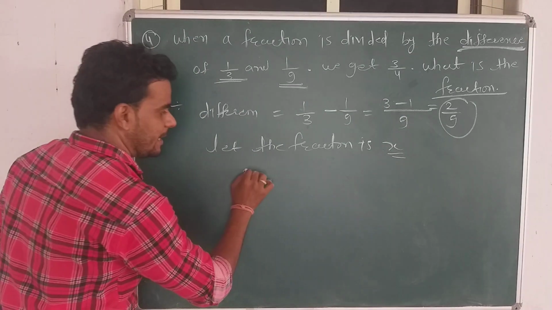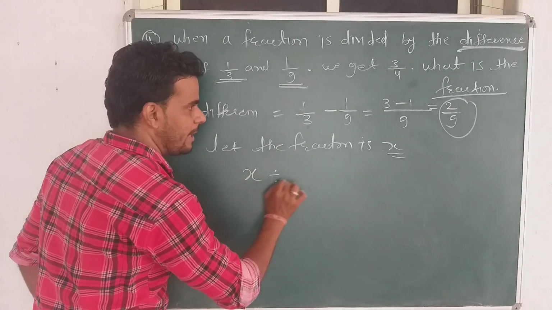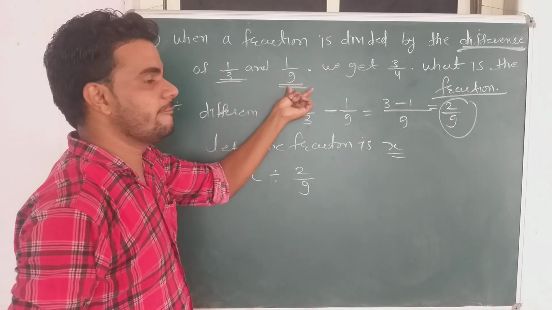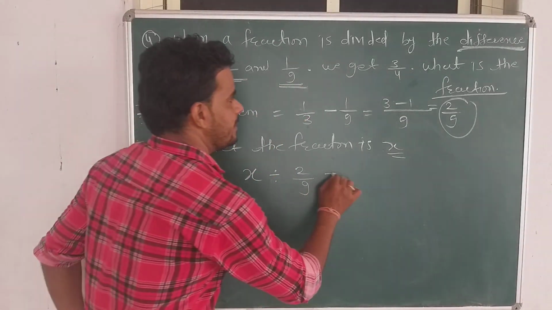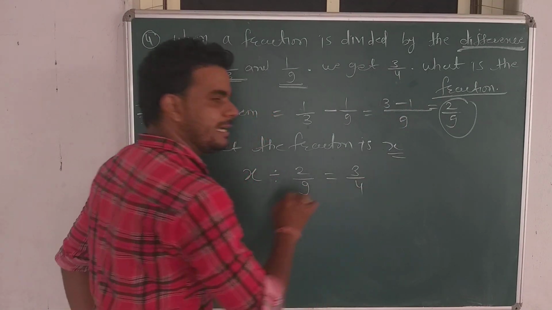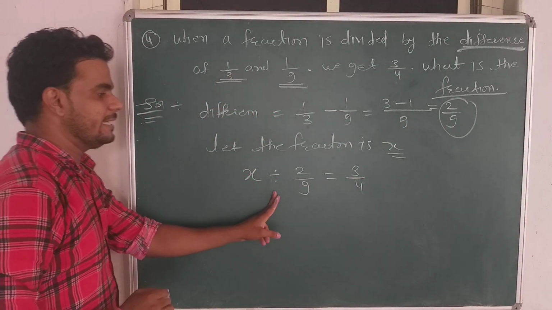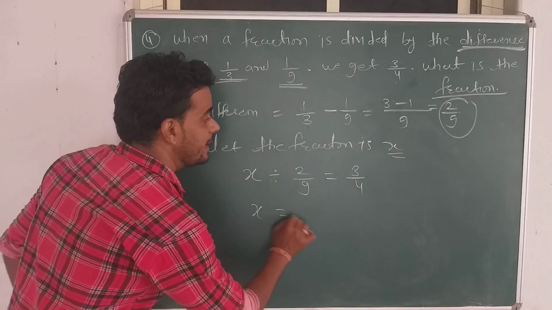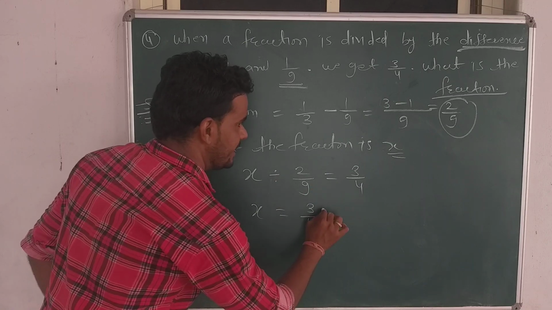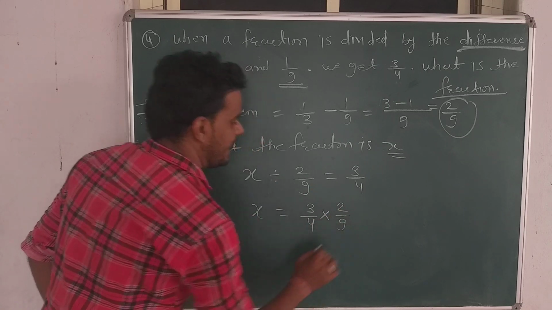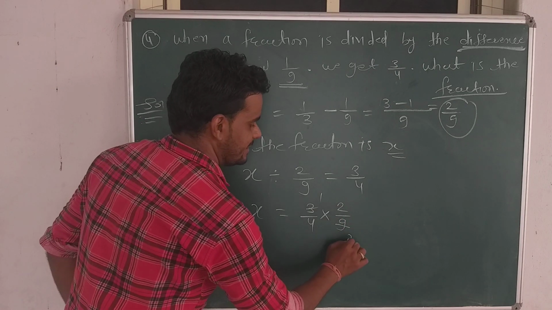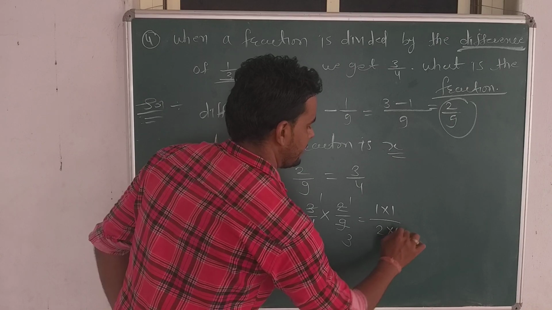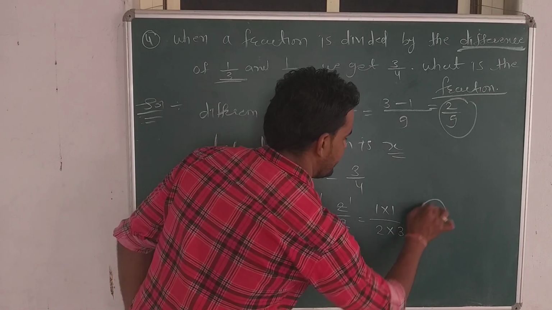The question is saying that if x is divided by 2 by 9, then the result came 3 by 4. Find the fraction. So we know that when division is on the left hand side, if we change it to the right hand side, then it will be multiplication. So divide will be changed to multiplication. The fraction is 3 by 4 multiplied by 2 by 9. Afterwards 3 1 3 and 3 3 9, 2 1 2 and 2 2 4. So 1 multiplied by 1 upon 2 multiplied by 3. So the final fraction is 1 by 6.